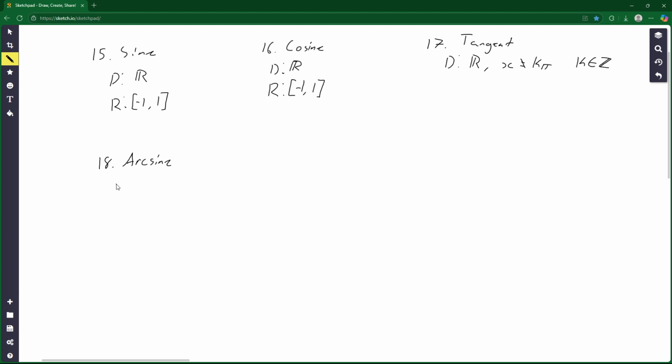Our domain should be, if I remember correctly, from -1 to 1. And then our range is going to be from -pi/2 to pi/2.